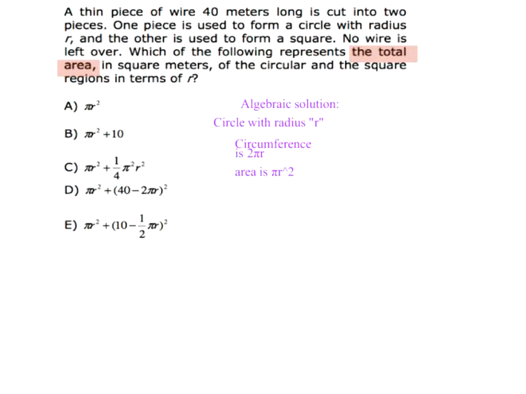Well, remember what your goal is. This is a component of your total area, which wouldn't help you eliminate answer choices in all 5, so it doesn't. But at least heads up, right? And then how do you use the circumference? Well, the circumference is made from that wire. So how much wire do you have left over?